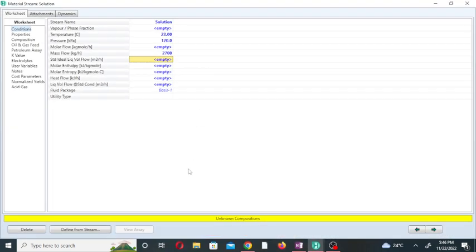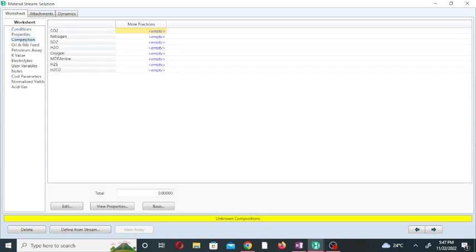So there is an unknown composition. Let's show the composition of the solution, how much MDEA and water is present in the solution. It is given in the question. So come to the composition, and how much percent is methyl diethanol amine? It is about 30% methyl diethanol amine, but it is mass percent.